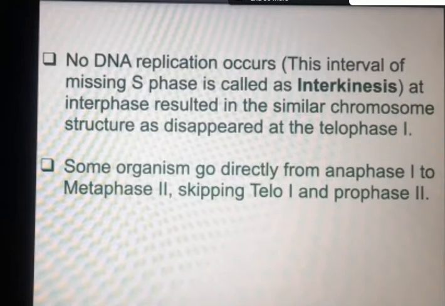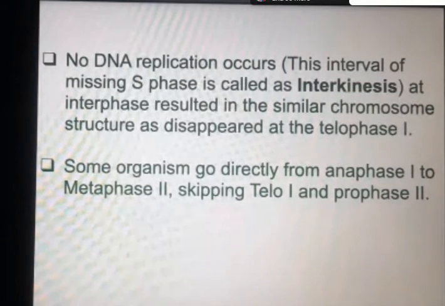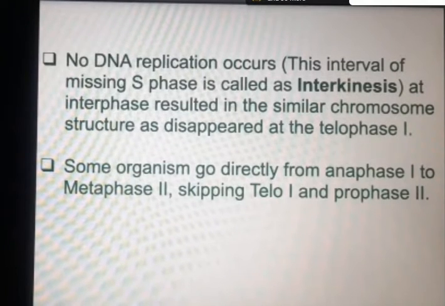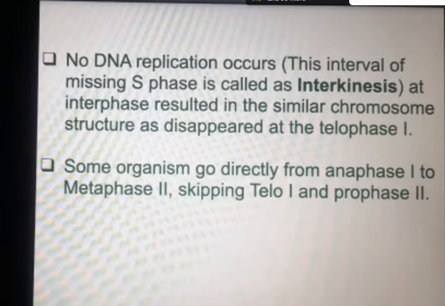But sometimes in some organisms the cytokinesis, or division of the cells, may occur but it is so short that nobody is going to see it. On the basis of the observations of different workers, it is found that right from the anaphase the cell directly moves to the metaphase second and prophase second.